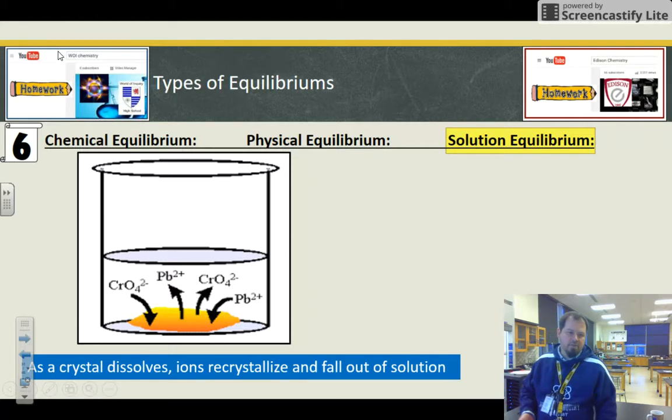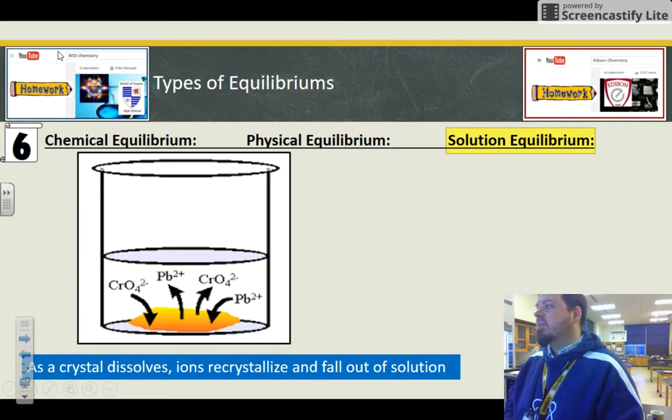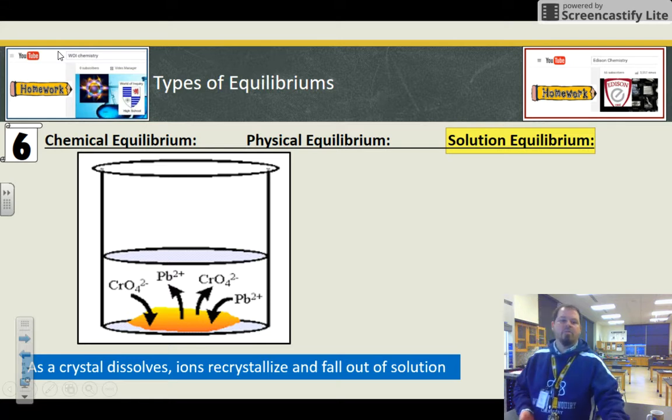This is a solution equilibrium. These also happen. And this is very much like that physical equilibrium we just did, except now we're not talking about it going up into another phase. We're talking about it happening within the liquid rather than a closed container where the gas cannot escape. So when the gas cannot escape and can go back into liquid, we can get a phase equilibrium going on.